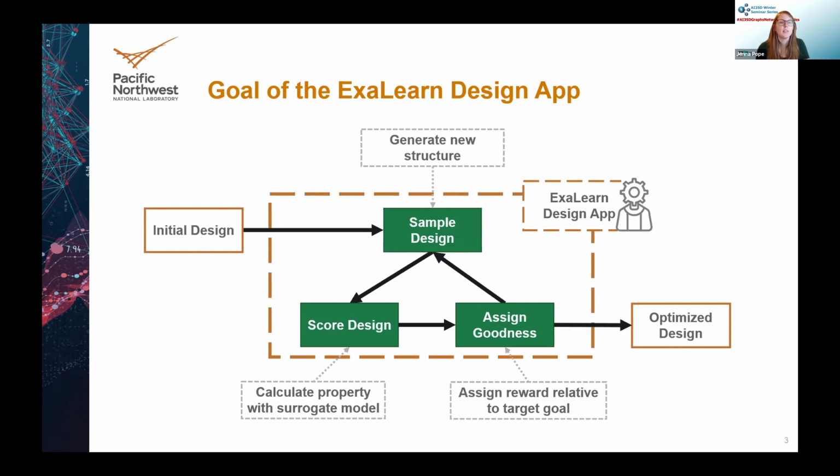This cycle is then iterated a number of times until we finally arrive at our optimized design. So keep this picture in mind as I go through this talk, because as you can see, there are a number of steps here, and the eventual goal is to put it all together into a large app that combines all these different steps to generate molecules.